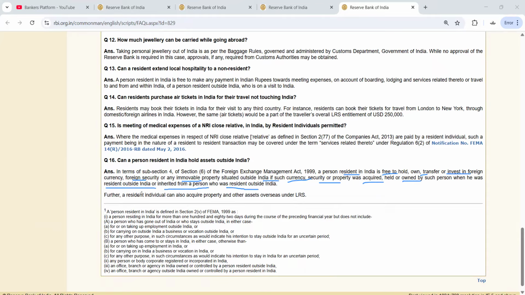Okay. Further, a resident individual can also acquire other assets overseas under LRS. So a resident individual can also purchase immovable property outside.